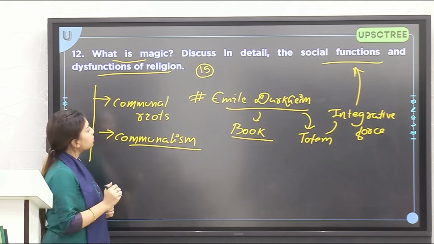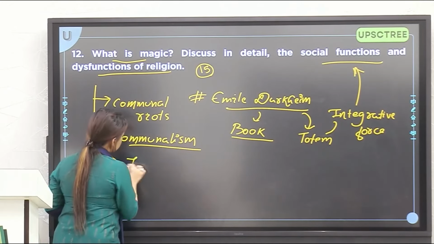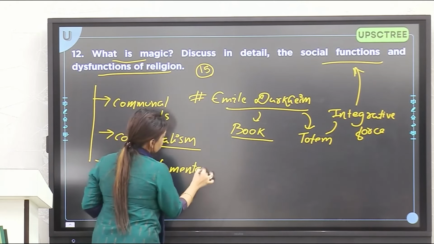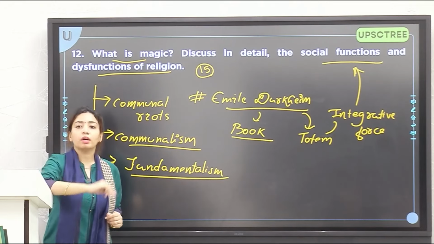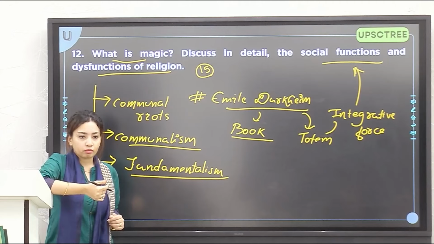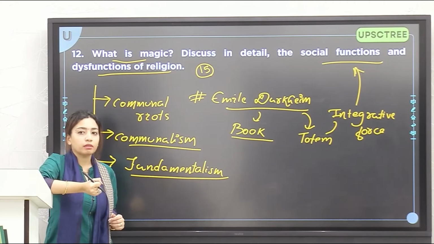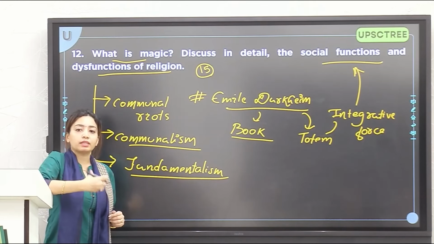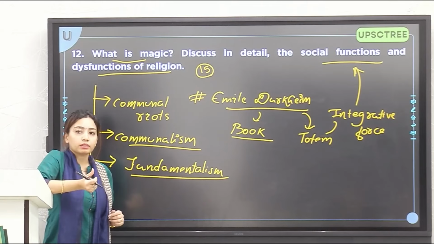Okay, then what else? Fundamentalism. We'll be covering it as part of religion, but what exactly is fundamentalism? Can anybody tell me? Anybody? Mostly with the rise of globalization, there is an increasing trend of modernization. What exactly is modernization?